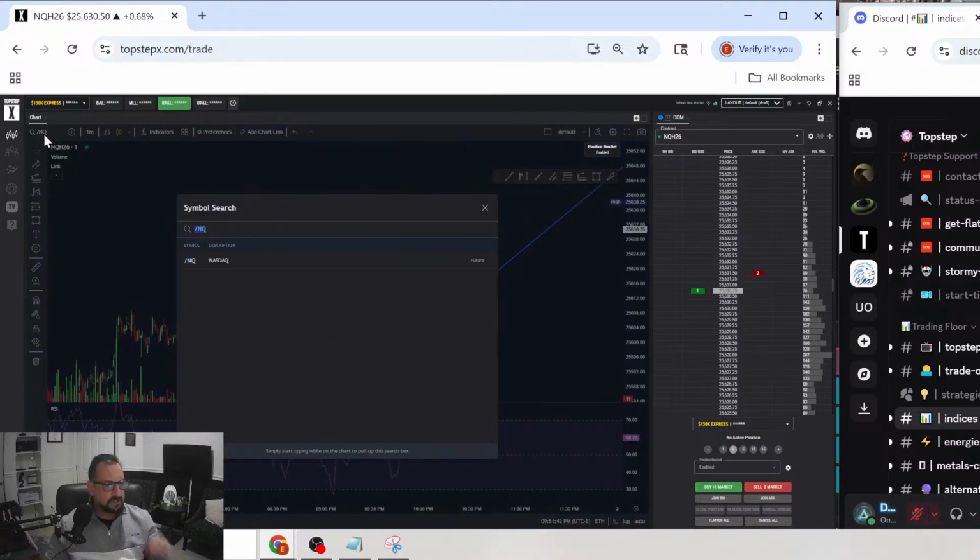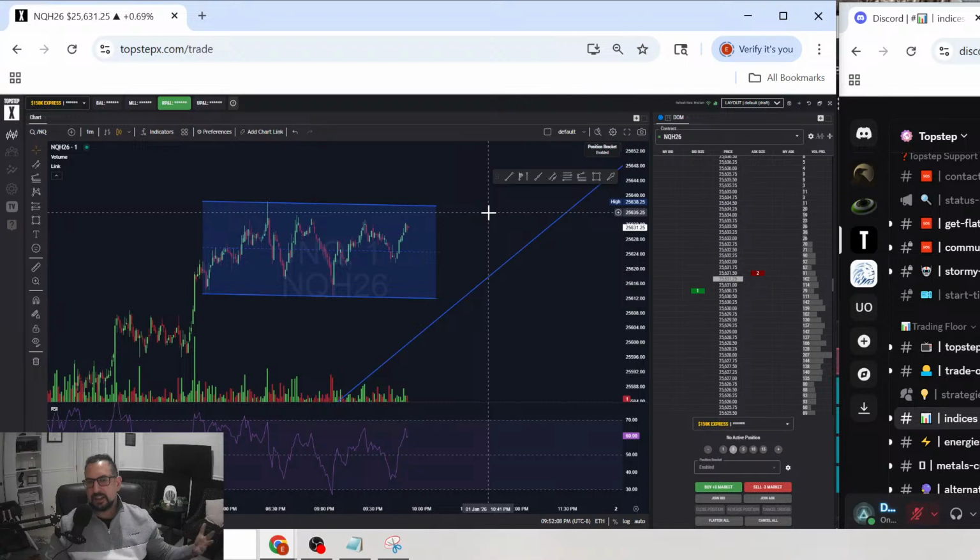5 micros of silver is 1 mini. So there's that. Yeah, exactly. And it's interesting because with silver, if you're on a 50K account, you can only trade a max of 25 micro contracts. That's it.